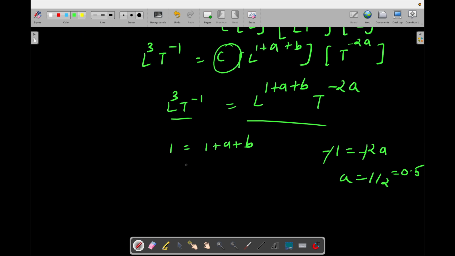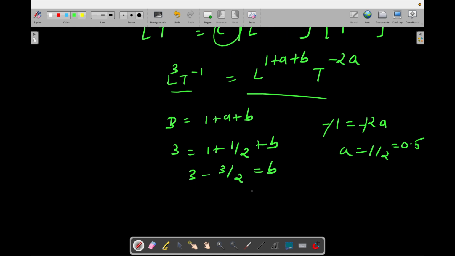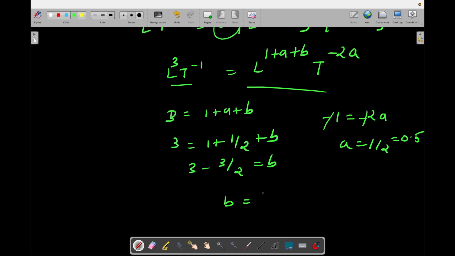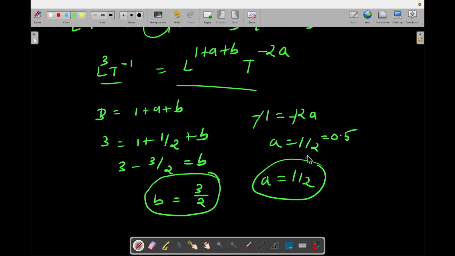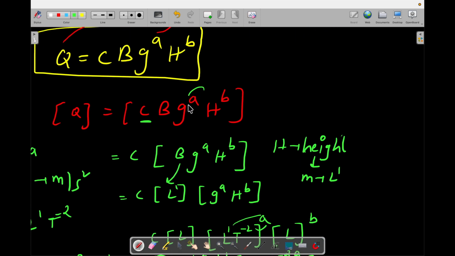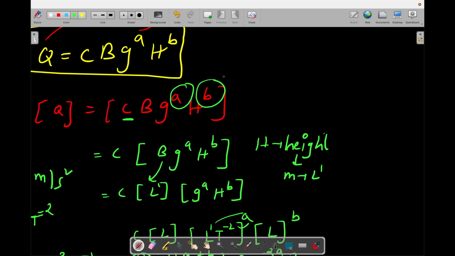Don't forget it, 3. 3 is equal to 1 plus 1 by 2 plus b. 3 minus 1 plus 1 by 2 is 3 by 2, equal to b. So you have both b and a here. Those are the two unknowns we wanted to know. In the first place, we wanted a and b. We have both of them now.